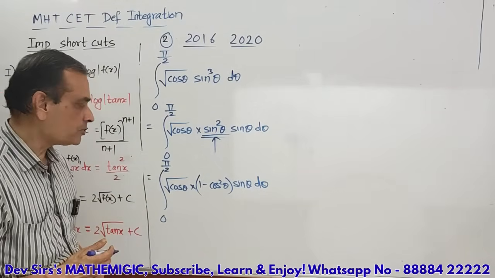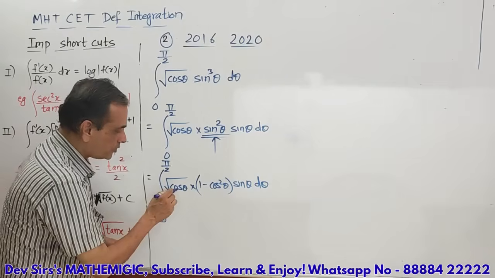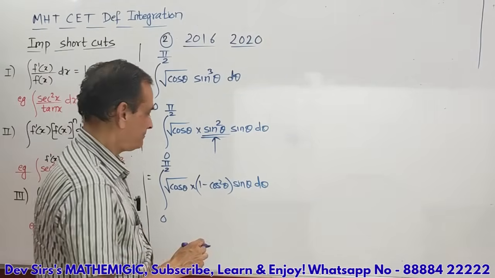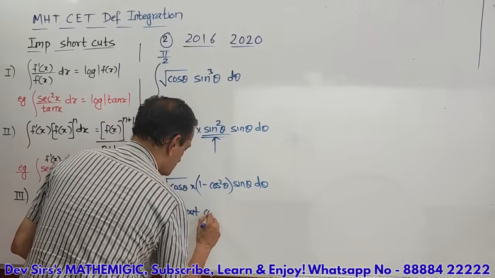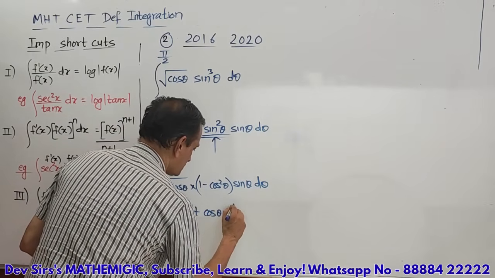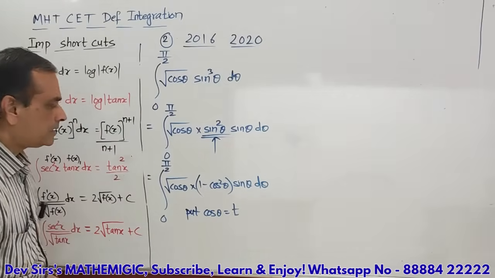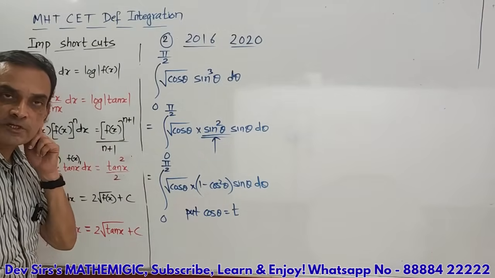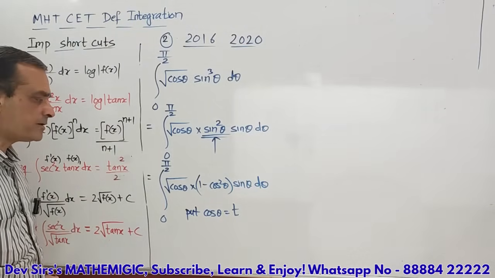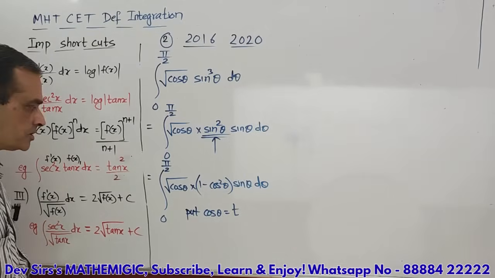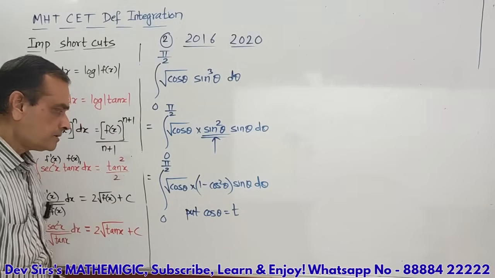क्या करोगे अभी देखो, put cos theta equal to t. Now it is your choice, differentiate with respect to theta if you want, or differentiate with respect to t. It's your choice. Okay.